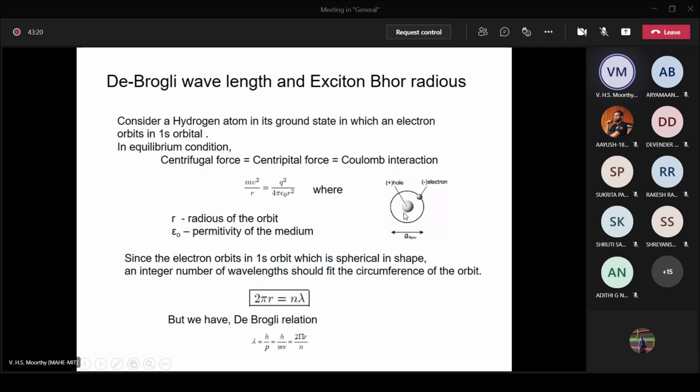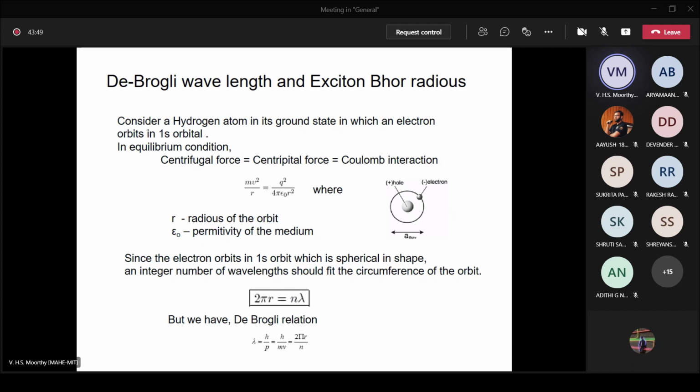Now, a hole in a semiconductor has a positive nature, and an electron has a negative nature. So in a semiconductor, exciton means an electron-hole pair, negative and positive charges separated by a distance. That is called exciton, which happens because of the absorption of light energy.